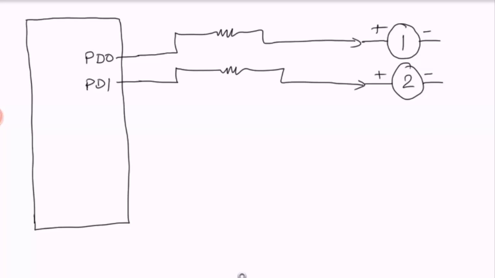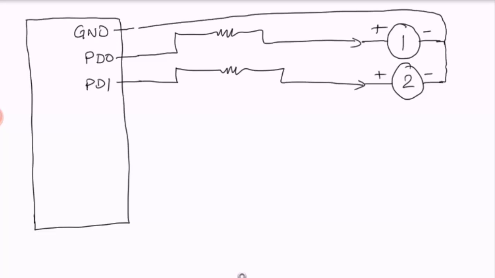Then we have the ground pin on the discovery board, and we connect the LEDs' negative sides together and connect them to the ground pin. And then we have one switch also present.